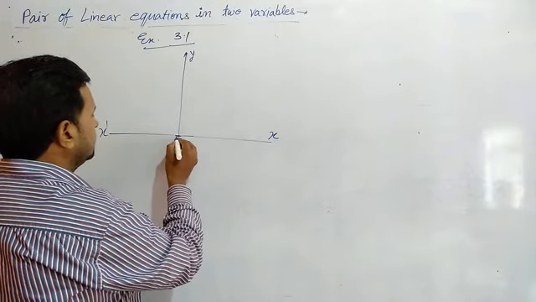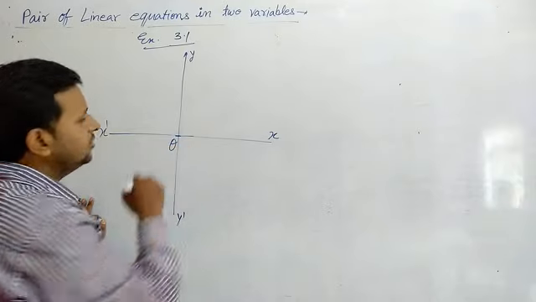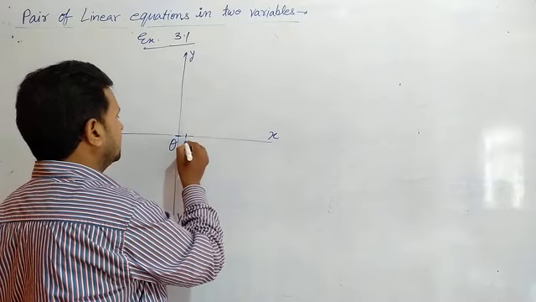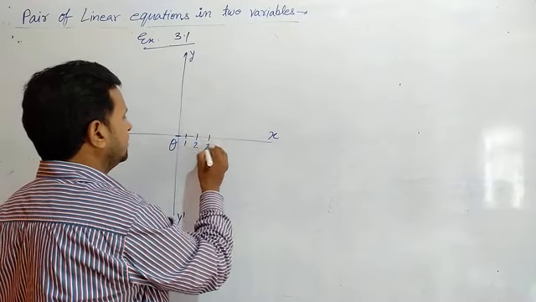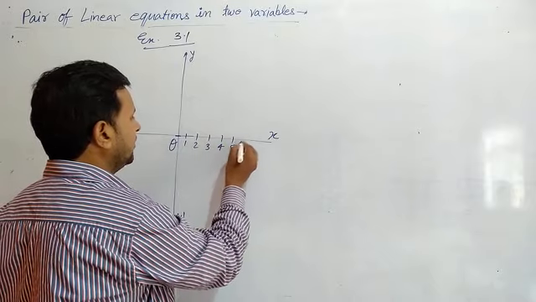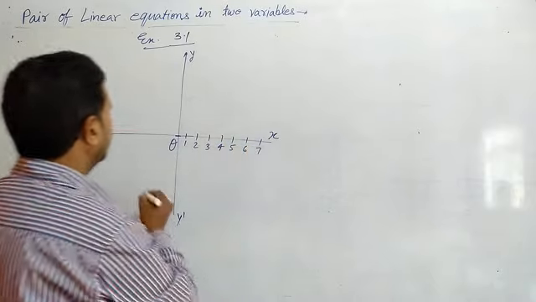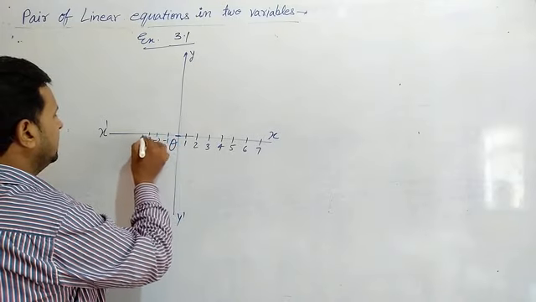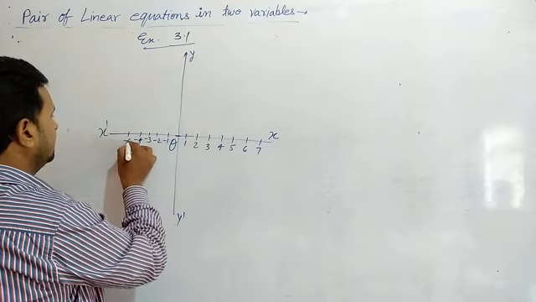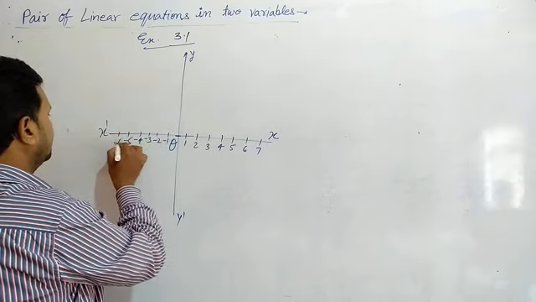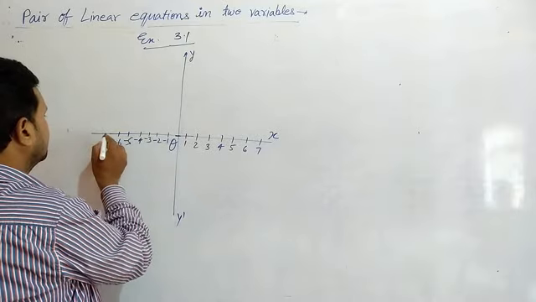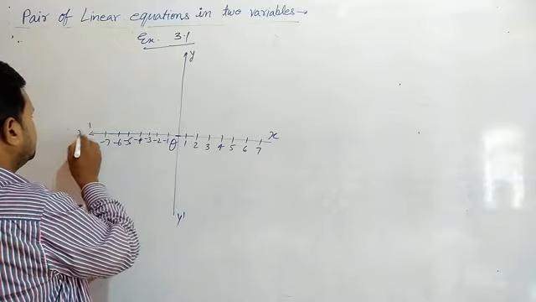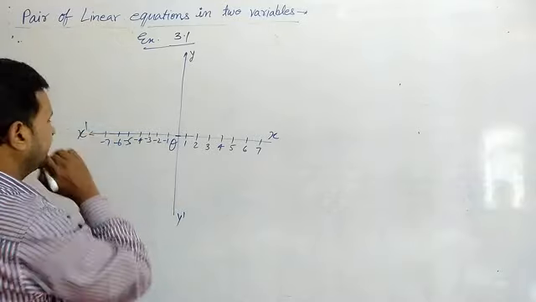This is 0, 0, and it is denoted by O. This side represents plus: 1, 2, 3, 4, 5, 6, 7.